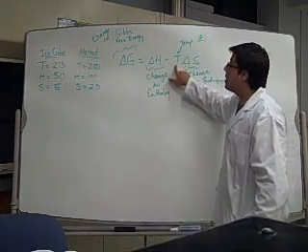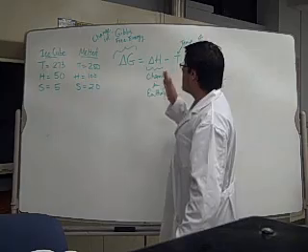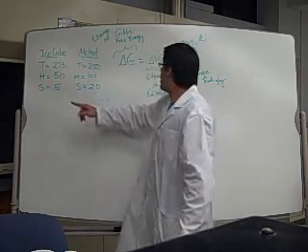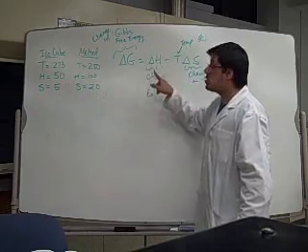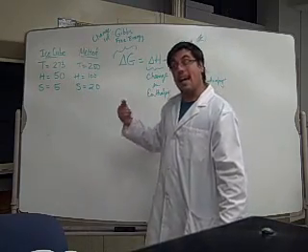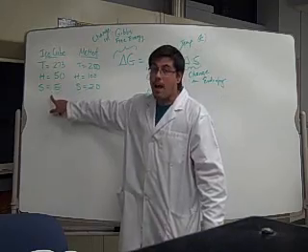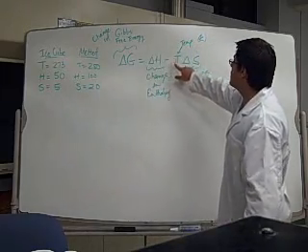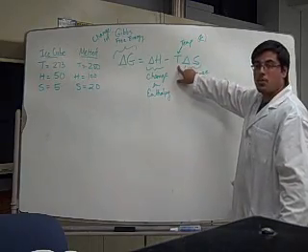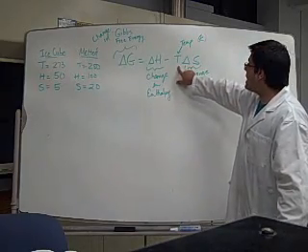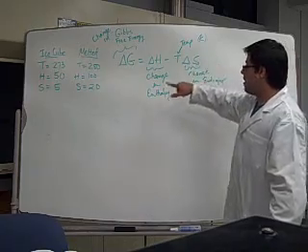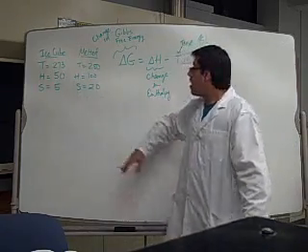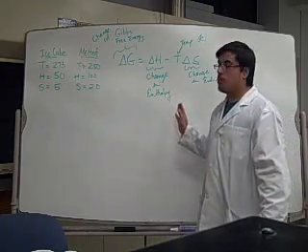For the change in enthalpy, 100 minus 50 gives the value for delta H. For delta S, it would be 20 minus 5, 15. So you would have 50 minus the temperature, 280 Kelvin, times the change in entropy, which is 15. You calculate that, and that will give you a certain number.